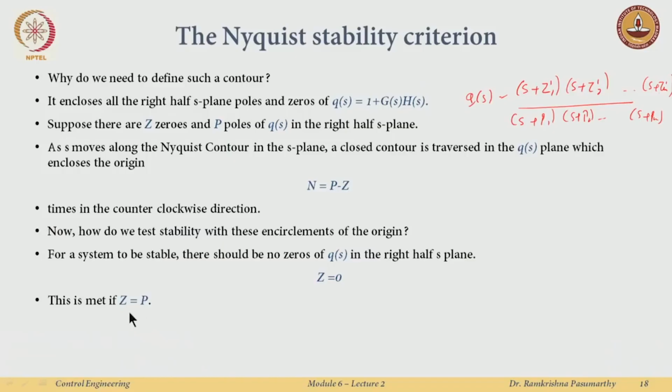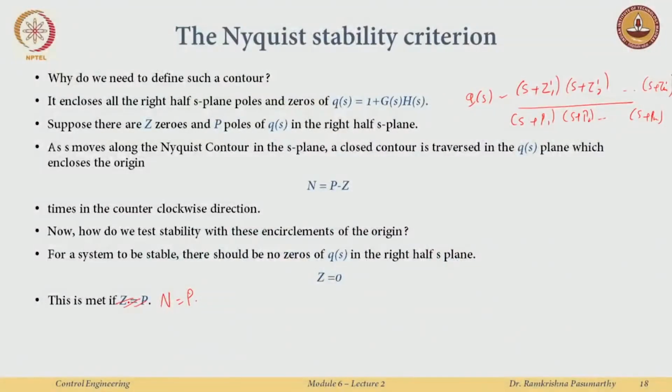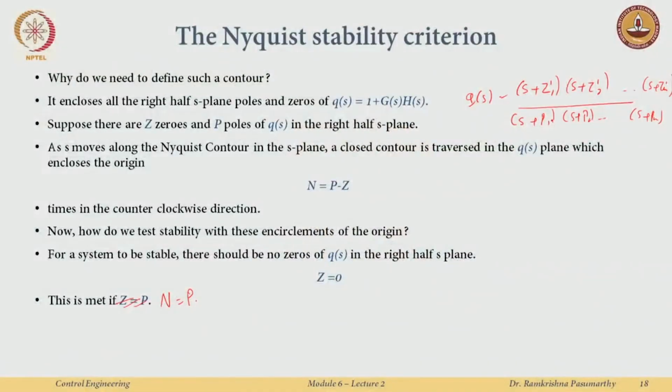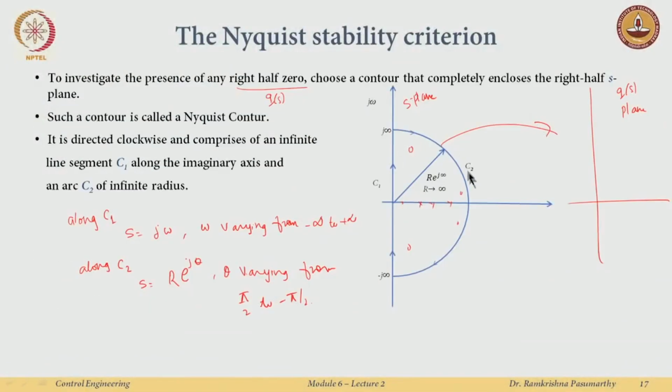Now, this is met if the number of encirclements is P, it is not Z, it is N. Z is anyways 0. So if the number of encirclements in the counterclockwise direction, this is N, is equal to the number of poles of Q(s) in the right half plane, because my contour is just the right half plane.